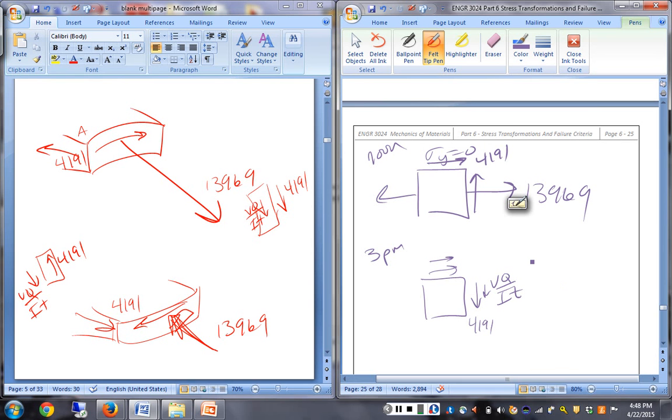And I can guarantee in this case, the sigma A and sigma B here would be way less than the sigma A and sigma B from noon. That's why I know I can ignore 3 o'clock and 9 o'clock.